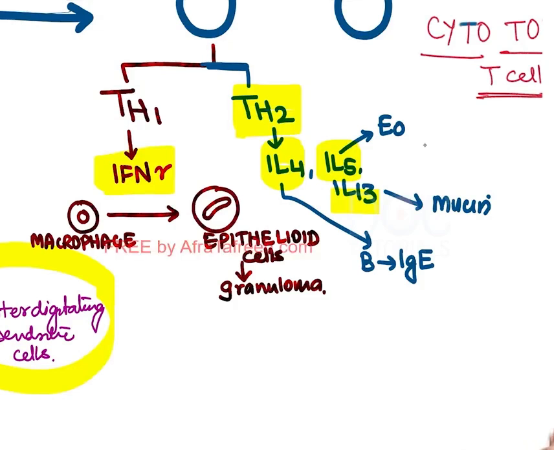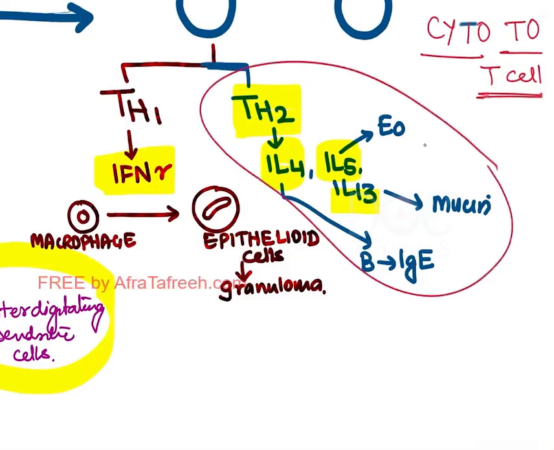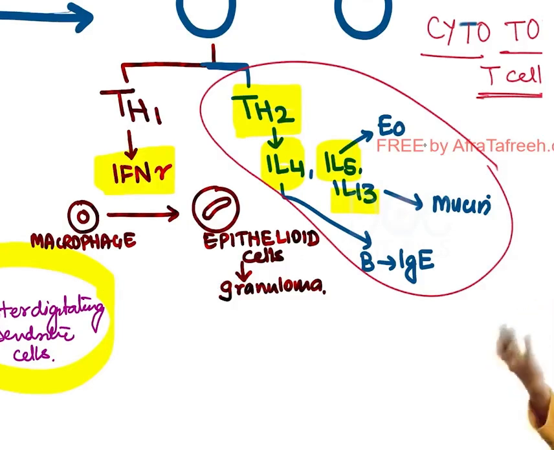Now suppose a very innocuous extracellular antigen comes, like simple hay, dust, pollen, and suppose there is super activation of Th2 cells. These Th2 cells release a lot of interleukin 4, interleukin 5, interleukin 13, a lot of mucin production occurs, eosinophils activate, B cells get activated, and a lot of immunoglobulin E production occurs.